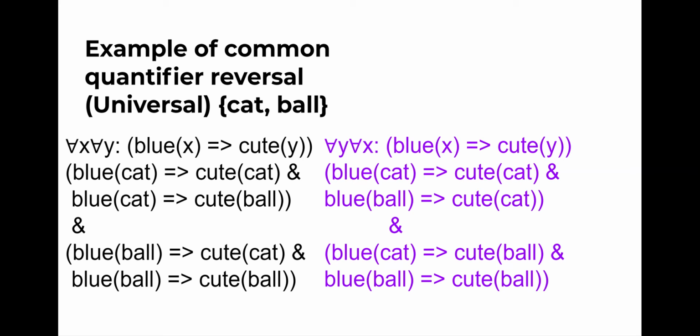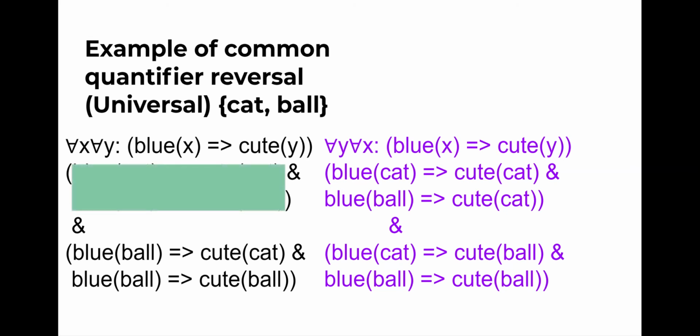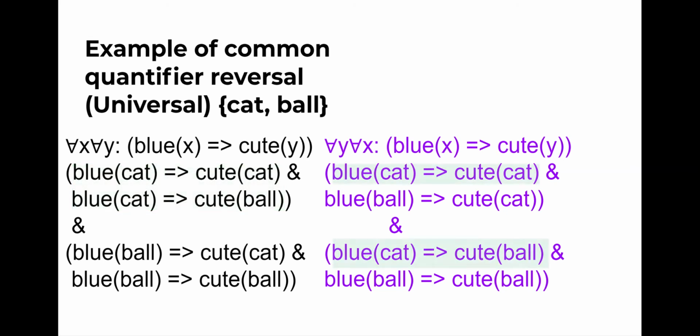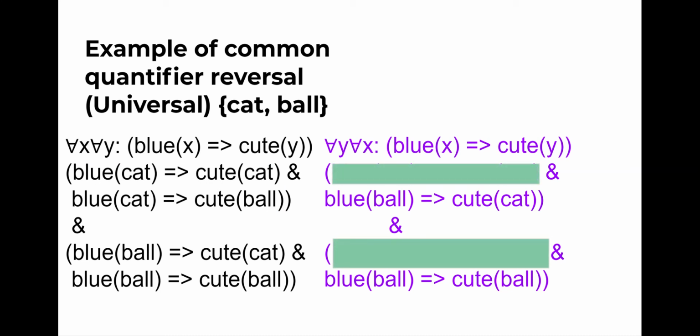If both of them evaluate to false, then that falsity, when we rearrange by swapping x and y, spreads out across both of the larger conjunctions that make up the sentence after we've swapped the order of the universal quantifier. So that's another slightly more analytic description of why common quantifier reversal is allowed.